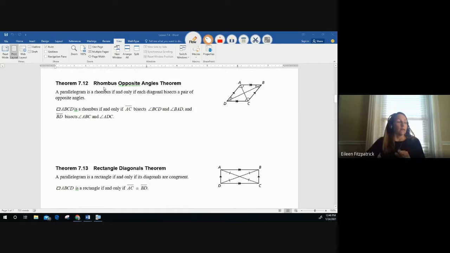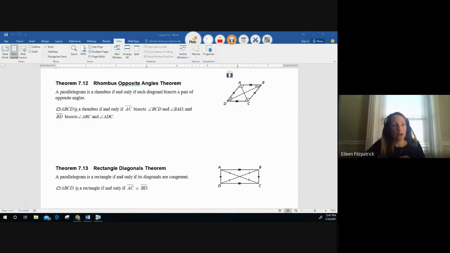Here it says rhombus opposite angles theorem. A parallelogram is a rhombus if and only if its diagonals bisect a pair of opposite angles. Okay, so I know that in a parallelogram and in a rhombus this whole angle is congruent to this one, and this whole angle is congruent to this one.